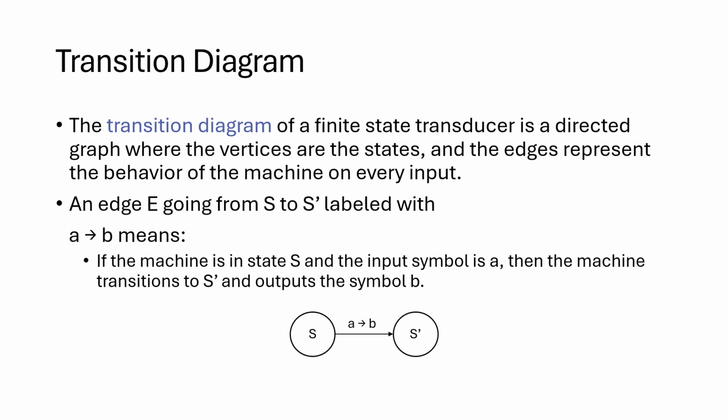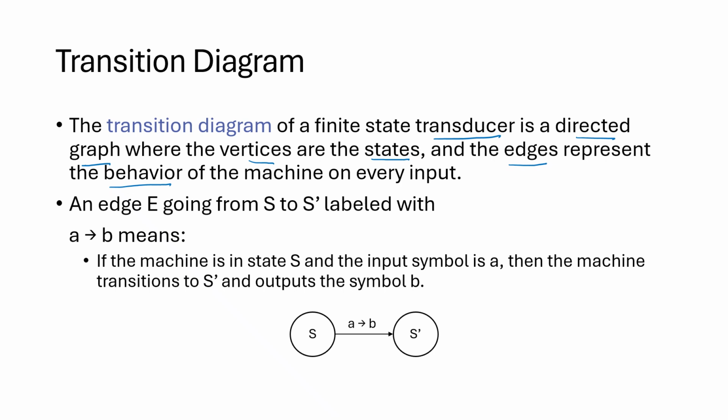Now, a little bit more detail about the transition diagram. As we said, for a finite state transducer, the transition diagram is going to be a directed graph, as we saw in the previous example, where each vertex is one of the states, and each edge represents a transition, the behavior of the machine on that given input, given that we are at some specific state.